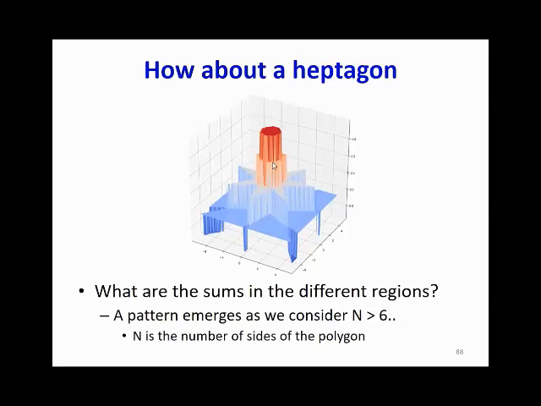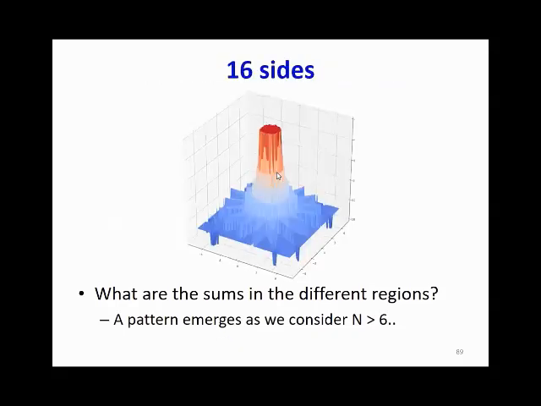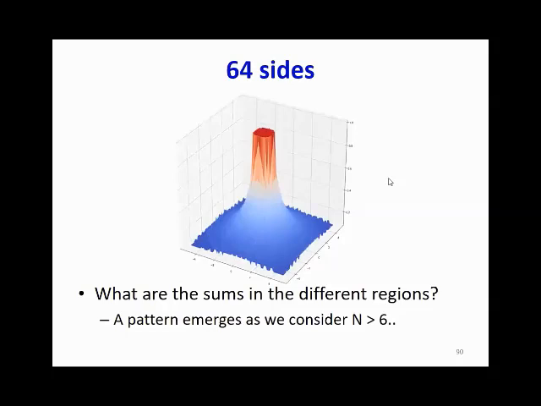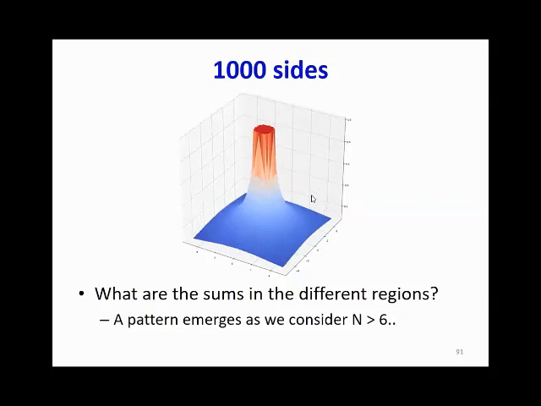But then observe what's happening to the areas where the sum is less than 16 but greater than 8. As I keep increasing the number of sides in the polygon, if I go up to 64 or if I go up to 1000, what we find is that the area where the sum is less than n for an n-sided polygon and greater than n over 2 keeps going down. So eventually, this is what I get with 1000 sides.